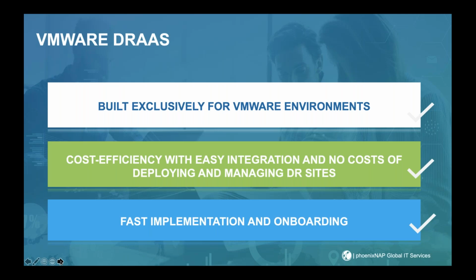So very easy to consume, easy to understand cloud DR capabilities, an entirely VMware-based solution. I think that really leads to super fast implementation and onboarding, and getting that environment protected with no upfront capex. So I really think that's a powerful message that a lot of people can understand.